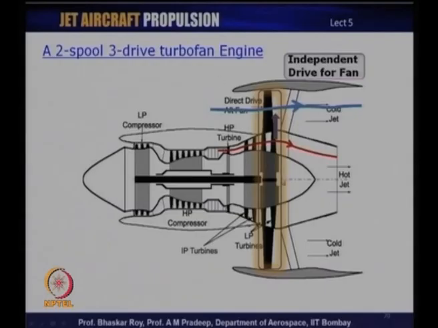So, that is a third shaft here, which does not convey power, but simply runs the combination of turbine and fan together on that shaft. So, it is basically a 3-drive, one may call it 3-spool if one wants to, and it is a kind of aft fan, which means the fan is somewhat towards the rear of the engine.